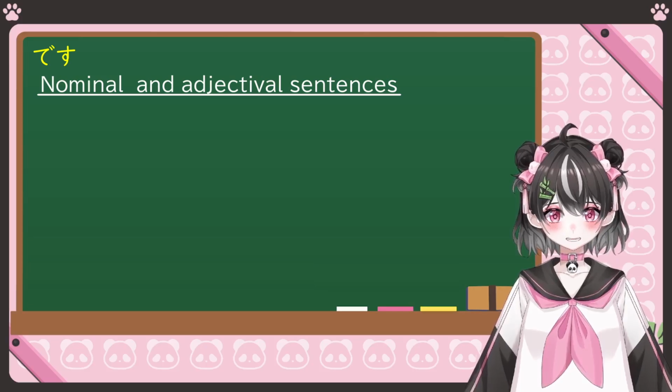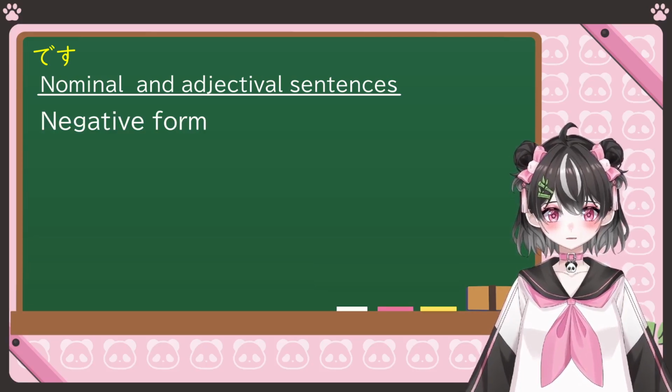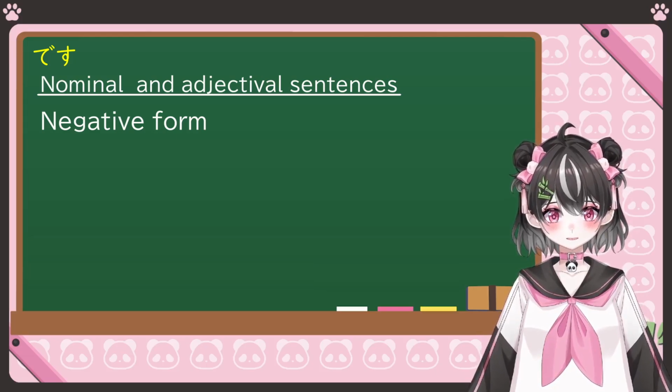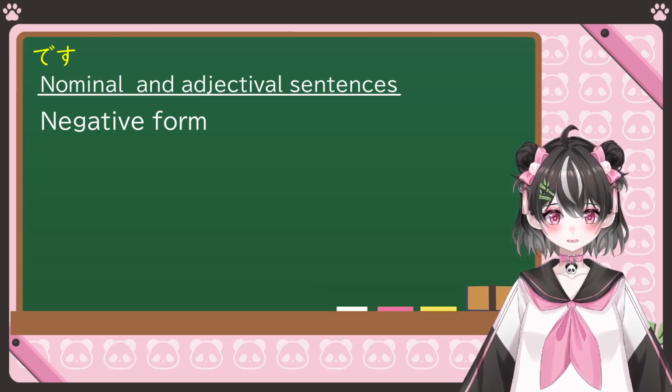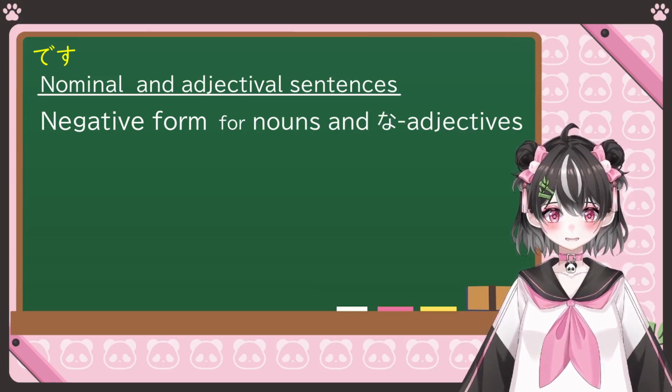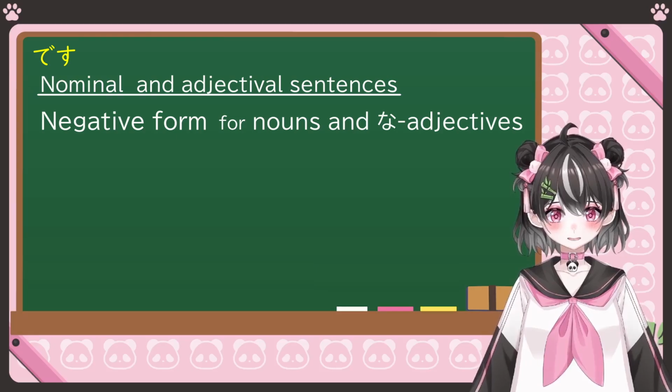Let's take a look at the negative form. Basically, nouns and な adjectives follow the same conjugation patterns. And making a negative sentence for nouns and な adjectives is super easy.